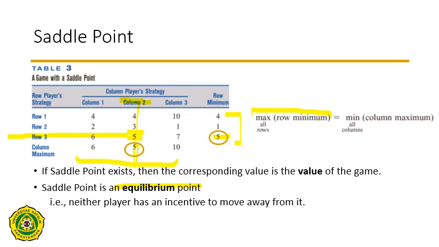And anybody who moves away from these strategies will lose something: the row player will gain less than $5, or the column player will let the row player receive more reward than $5, which is not desirable from the point of view of the column player.